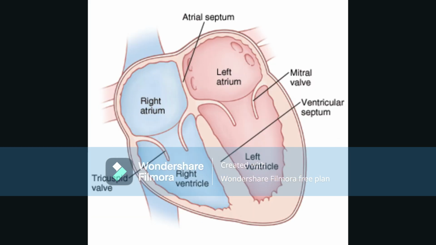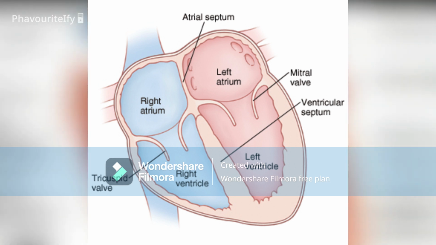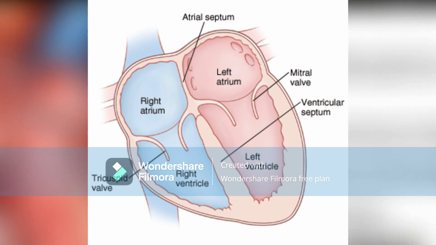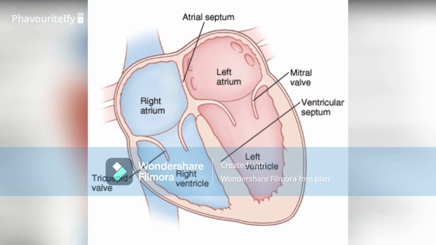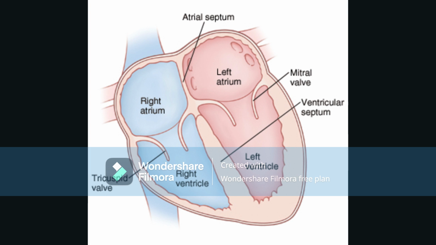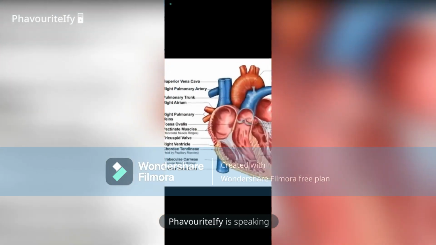This is the ventricle, and they are located between the atrium and the ventricle. See the ventricle and the atrium. So that is where the two valves are located, the tricuspid valve and the mitral valve.